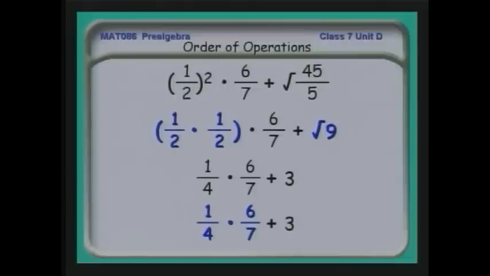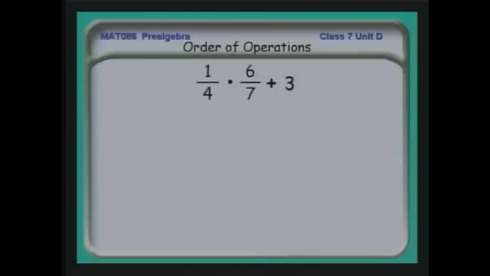Next I do the multiplication, 1/4 times 6/7. Working that out, I see I have a factor of 2 between the 4 on the denominator on the first factor and the 6 in the numerator on the second factor. Taking a mutual value of 2 out, I'm left with 1/2 times 3/7.